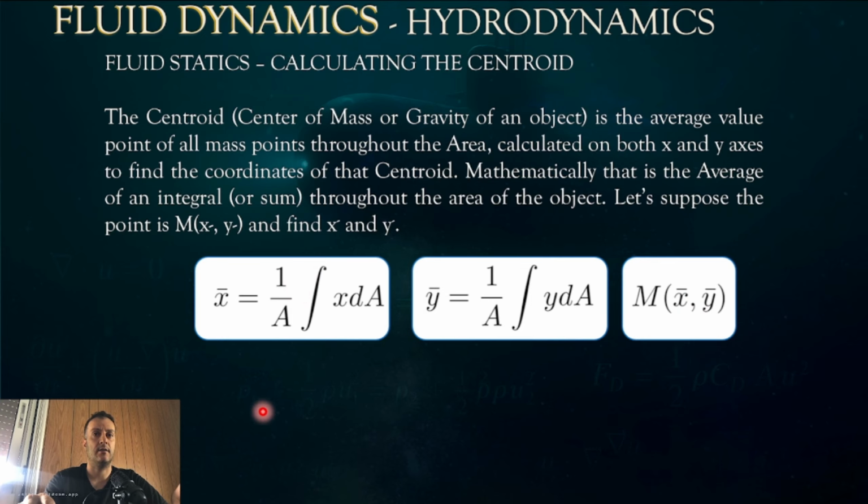Let's say the curve is y equals x squared. For x bar, let's say it extends from 0 to 1. So it is 1 divided by (1 minus 0) times the integral between 0 and 1 of x squared dx. In such a case, we are measuring according to x. So this is the concept behind it.